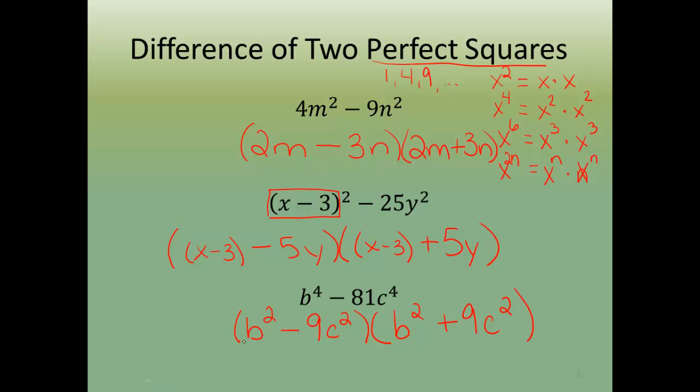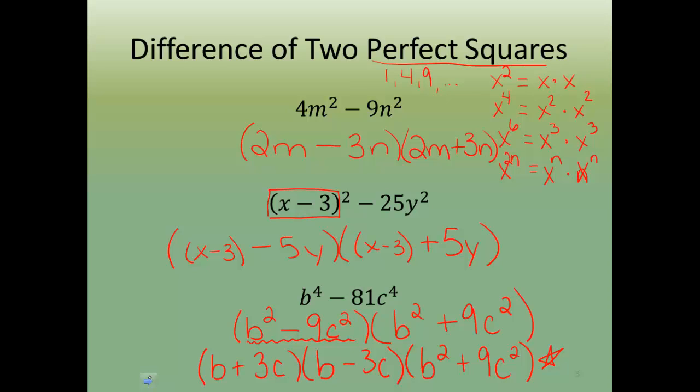Now you need to be careful on some of these, because if you notice, everything inside those parentheses are still perfect squares, so we can go ahead and keep going and get b plus 3c, b minus 3c. The addition, you can't factor the addition with perfect squares, so we'll just leave it as is, and this one down here is your final answer.